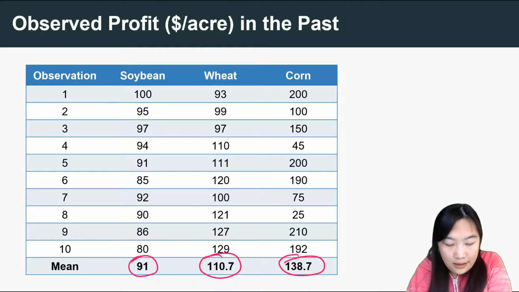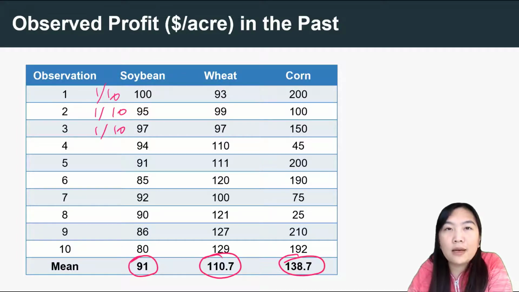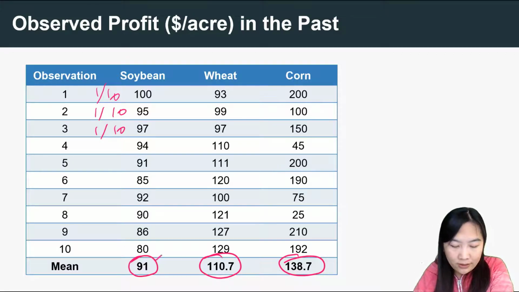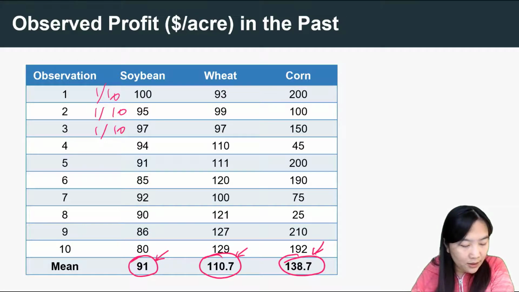So the probability for each year is 1/10. And using that probability and the profit for each year, the farmer then calculated the mean, or here it is the simple average.